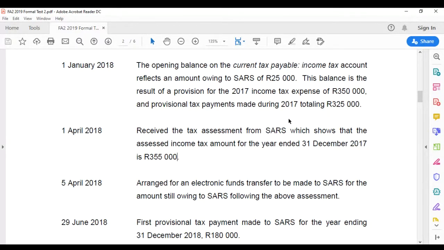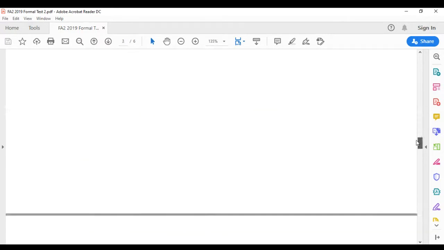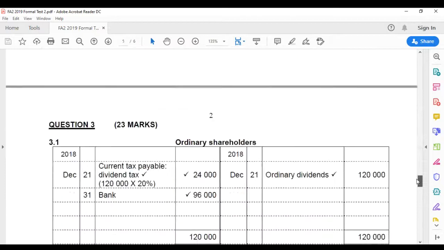If that balance is a credit balance, that is exactly what we owe to the Revenue Service. If that account has a debit balance, that is exactly what the Revenue Service owes us, right? So let's have a look. What is the balance on that account at this point in time?